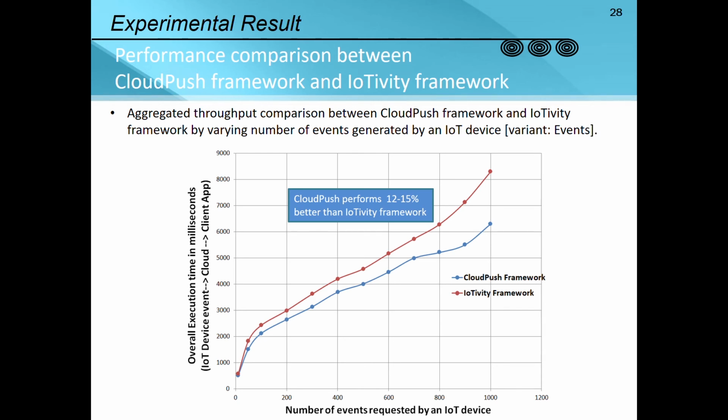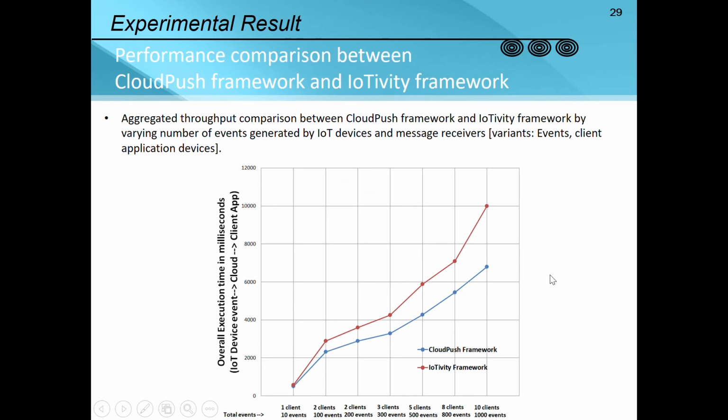In this experiment, one IoT device generates all the events and the client application receives all of the events. So overall execution time increases if the number of events generated by the IoT device increases, for both frameworks.